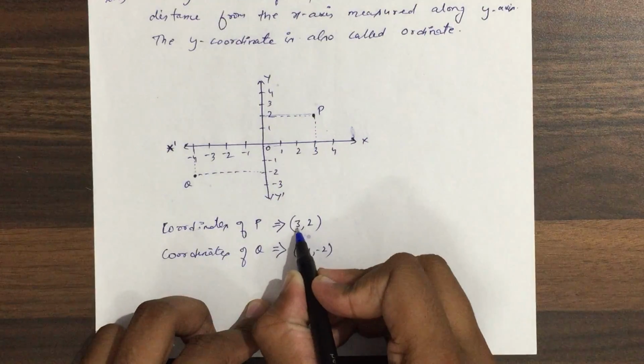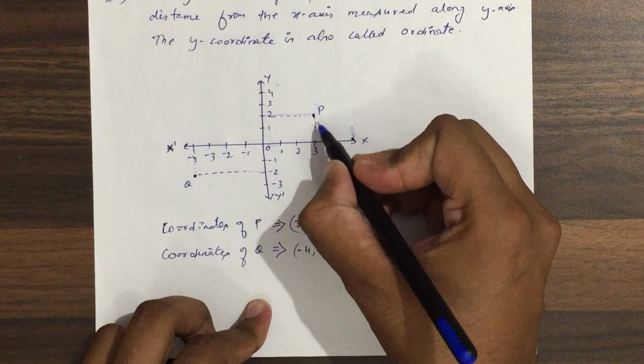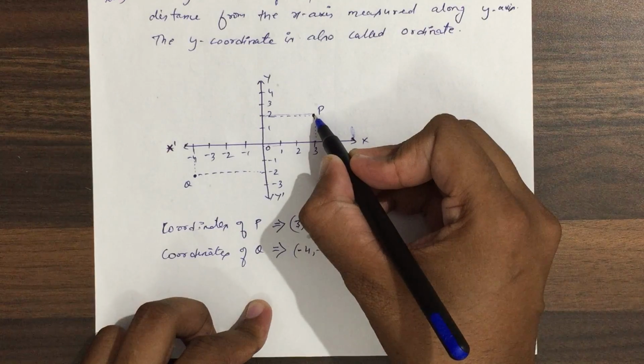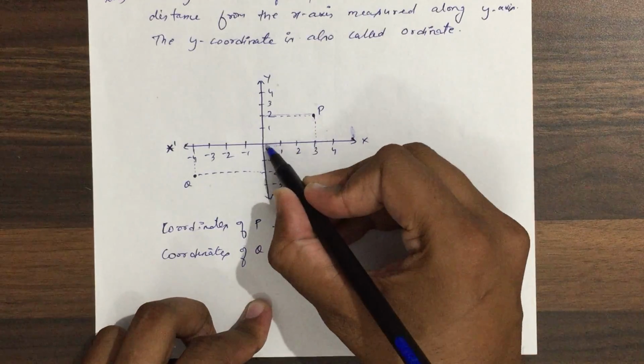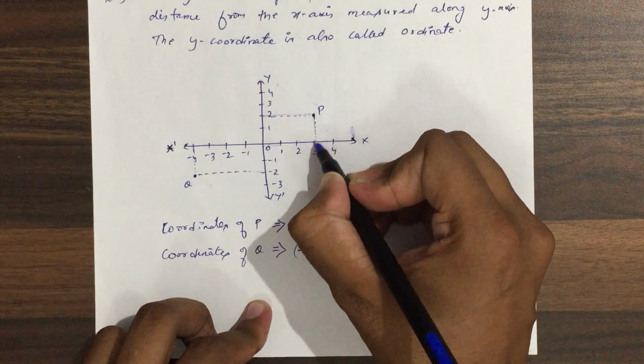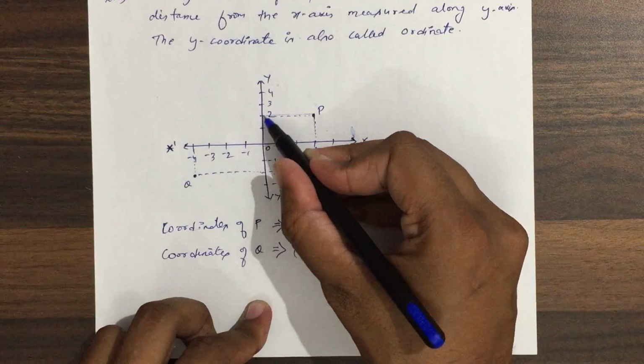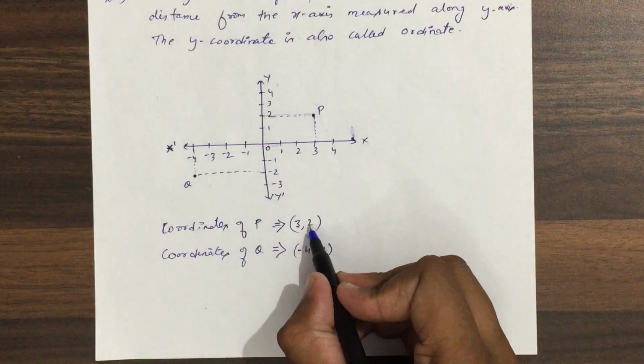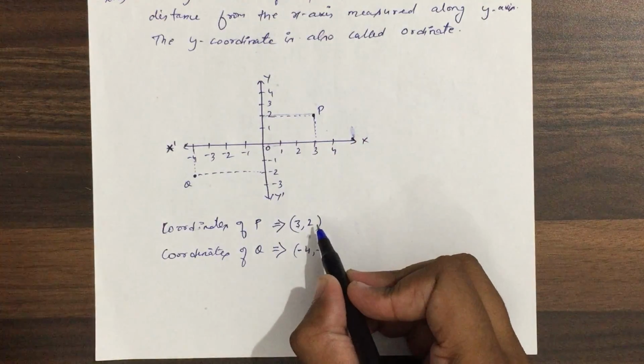So the x coordinate will be 3. The y coordinate is the perpendicular distance from the x-axis, so this distance is 2. So this is the x coordinate and the y coordinate.